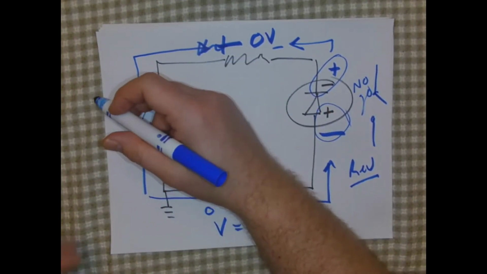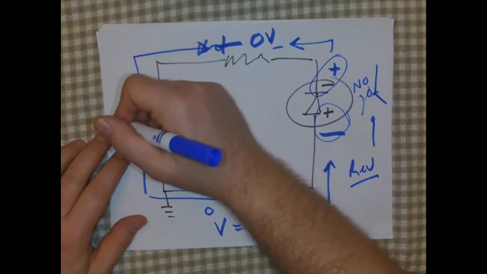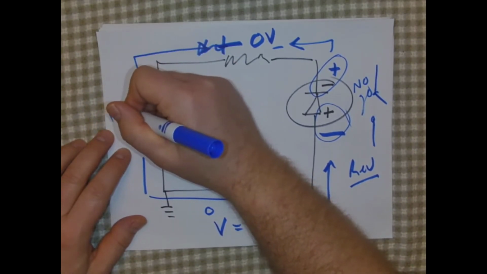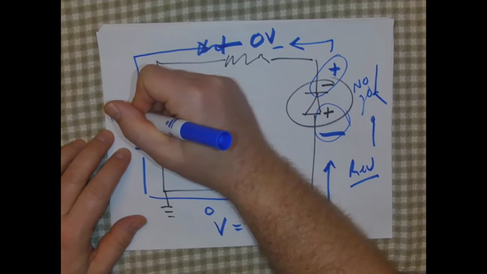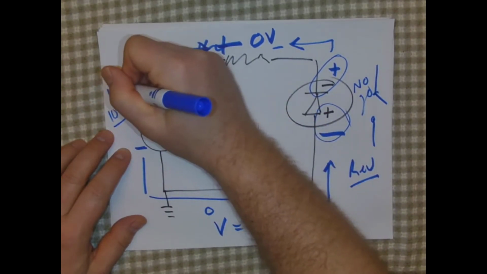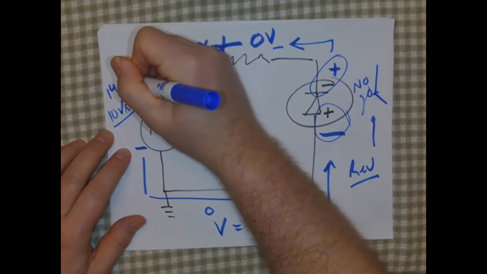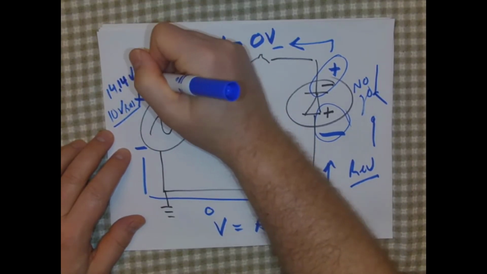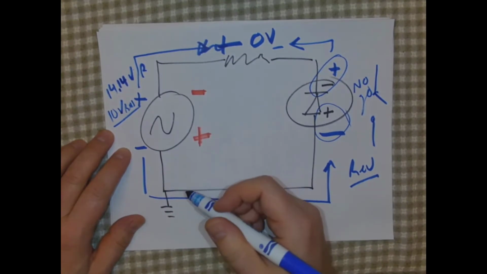Now, what are my volts? I gotta be careful when I get into AC. So if I have 10 volts RMS, I'm going to end up with 14.14 volts peak, and that's what we want over here, volts peak.